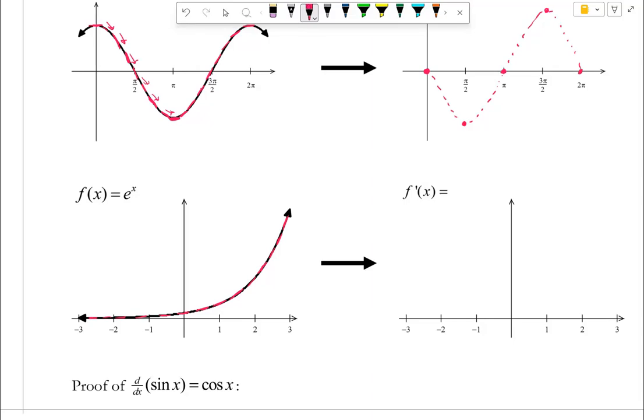So again, my slope is never actually 0, but it's close to 0, and then it starts to get steeper and steeper. So it turns out that the derivative of e to the x is actually just e to the x. That e to the x models the slope at any particular input of the actual function e to the x.